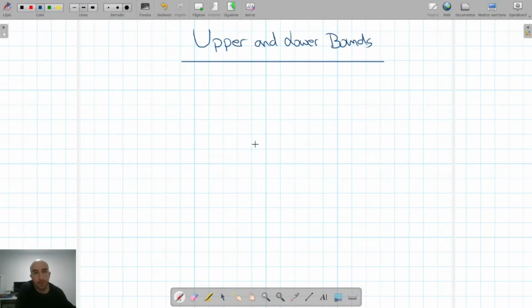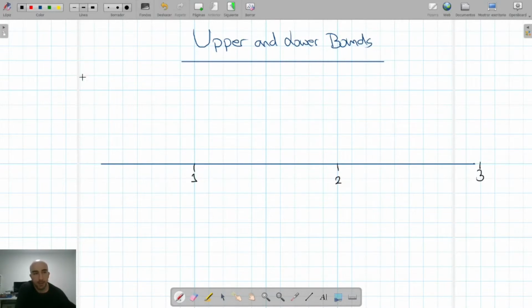Okay, so I'll show you with a small example, a very easy example. Imagine we have a ruler which measures centimeters. Okay, and we have 1 centimeter here, 2 centimeters here, and 3 centimeters here.